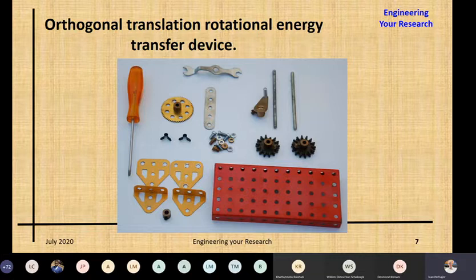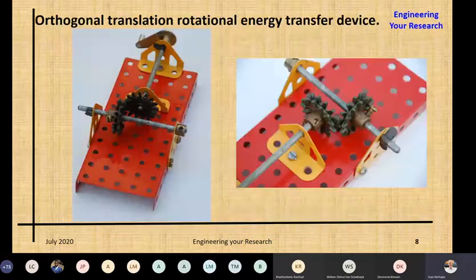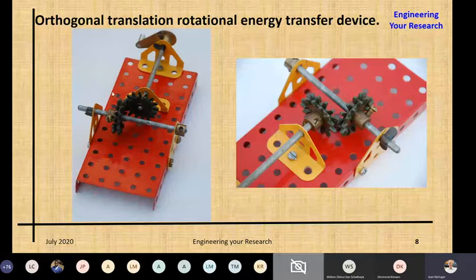Right, so I tell this first year student I don't know what's going on, and the first year student then shows me something else. Right, so the first year student is now showing me this. And again, I'm looking at the title, Orthogonal Translation Rotational Energy Transfer Device, and I look at this thing over here, and immediately I see there's a crank on the one side, and there's a shaft linking a gear, and at 90 degrees there's another gear, and there's another shaft also at 90 degrees.